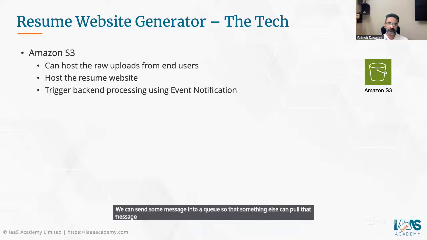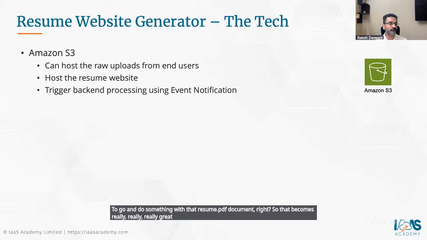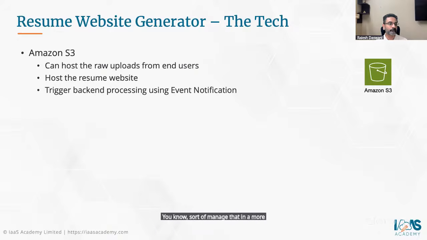And so here we can trigger a backend processing task to go and do something with that resume.pdf document, right? That becomes really great, and it helps us manage that in a more efficient way.